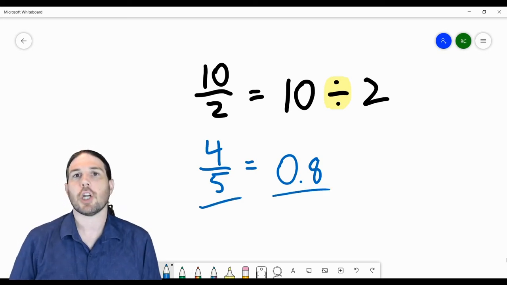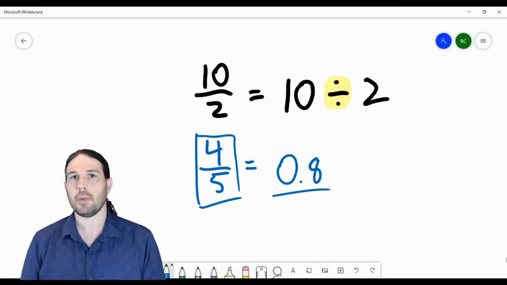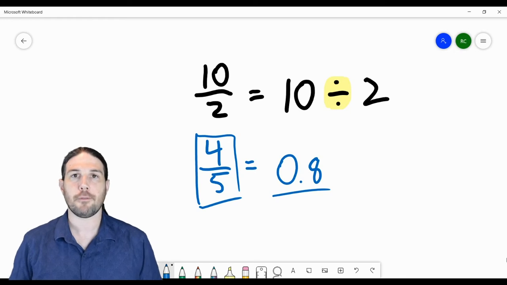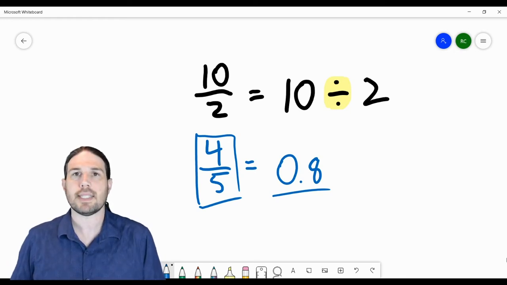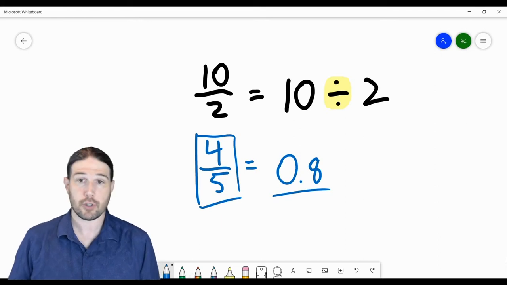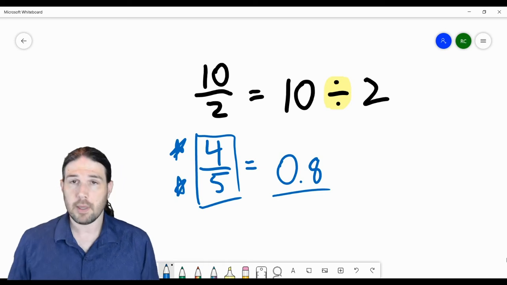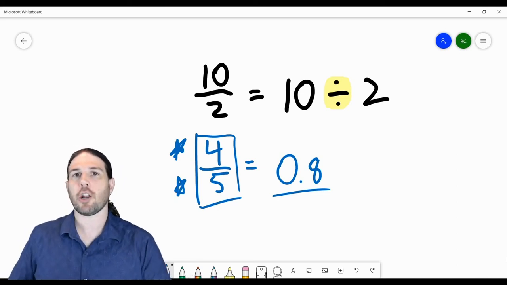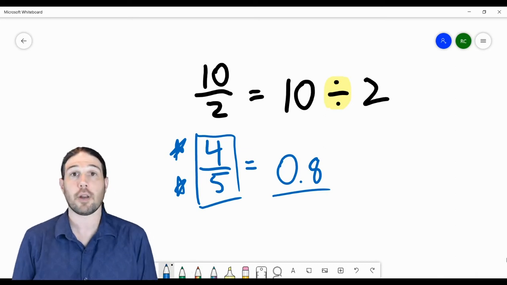However, it is often advantageous to stay in fraction form, because even though there are two natural numbers there, you're still only dealing with whole numbers, right? There's a whole number on the top, and there's a whole number on the bottom. Whereas with 0.8, you're automatically dealing with numbers that are better suited for calculators than for our own understanding.